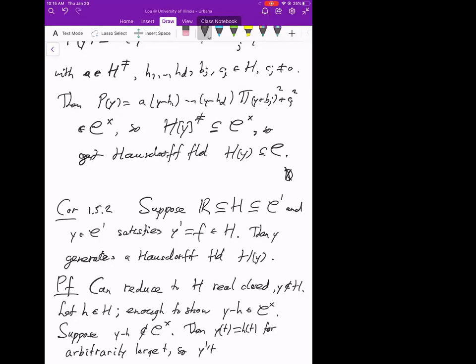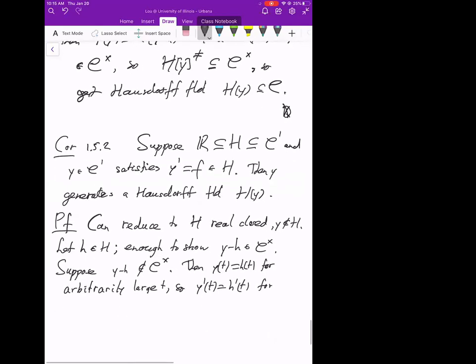Not the same T's, of course, but for arbitrarily large T. But Y prime was simply F, right? So F(T) equals H prime(T) for arbitrarily large T. But F, and now we are in H, F is an element of H. Wait a minute now.